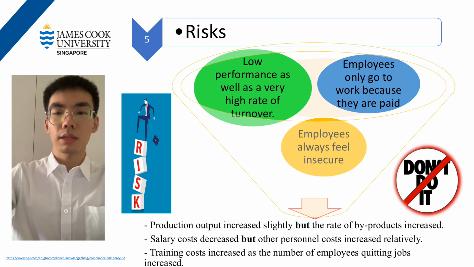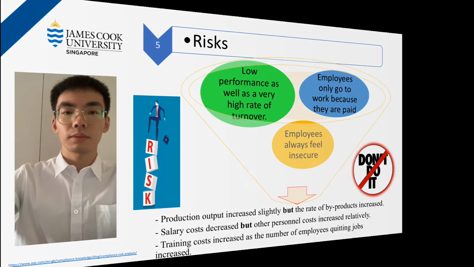Next, if Helen does not agree with the diversification of work, namely listening, sharing, and responding to employees, her employees will not know the meaning of the work they are doing, as well as not knowing how to overcome the difficulties they face. This results in low performance as well as a very high rate of turnover.